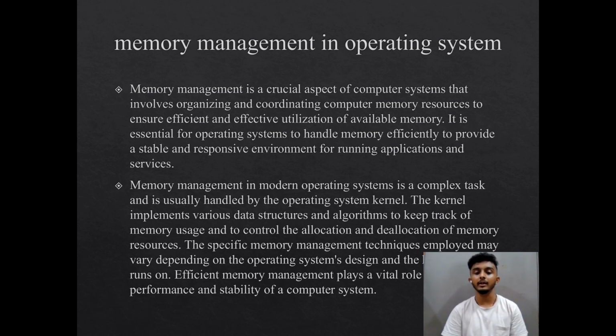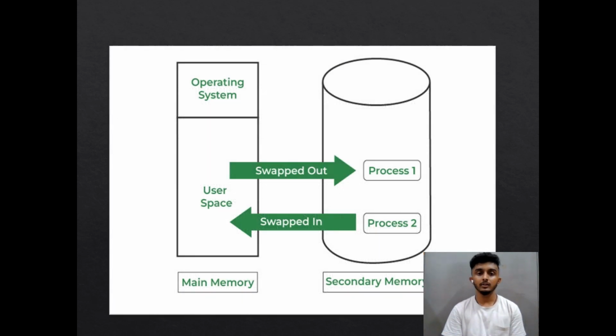Efficient memory management plays a vital role in overall performance and stability of a computer system. This is a representation of a memory management system where there is a main memory and a secondary memory. The processes from the main memory and the secondary memory are swapped in and out via user space of operating system.